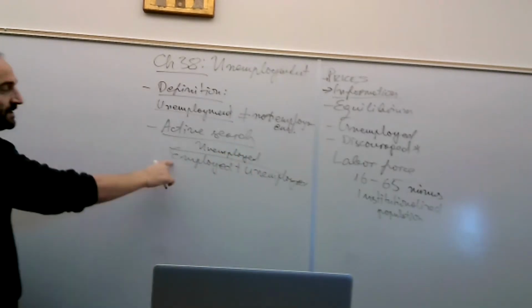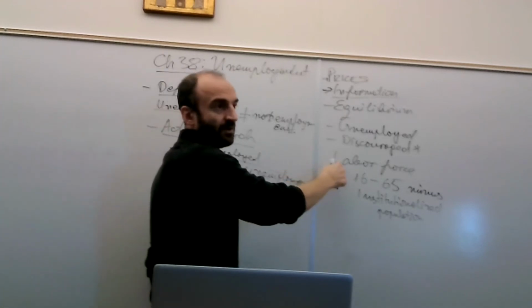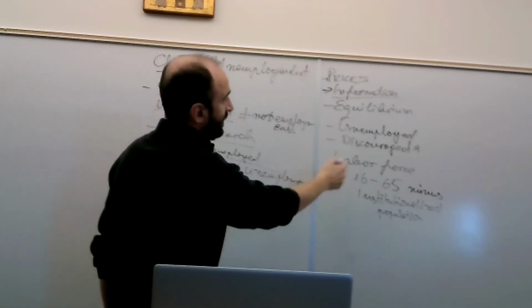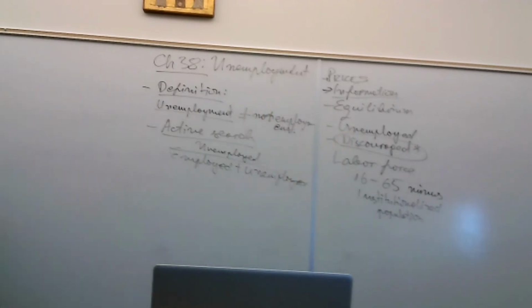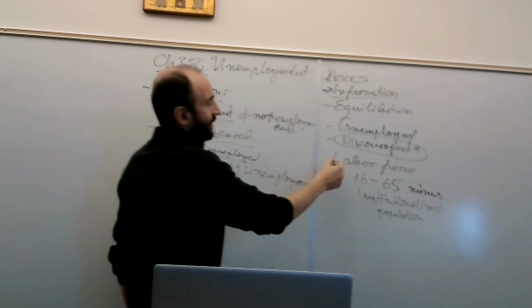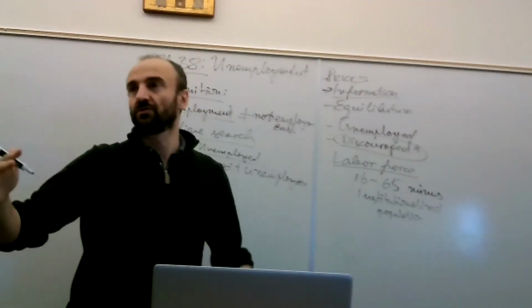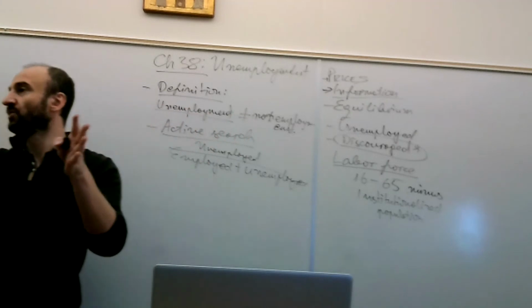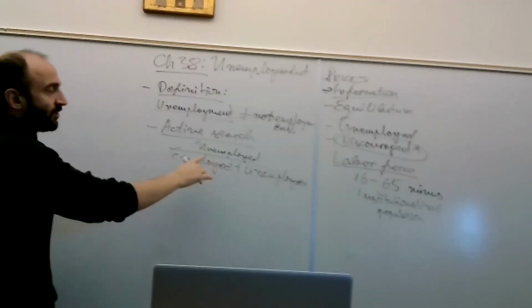So this denominator here is not the entire labor force. Why? Because you have those people here. So you can say that the total non-institutionalized labor force, the total pool of people who are eligible, who can work, comprises three components.